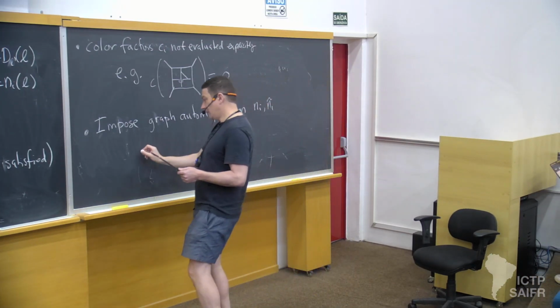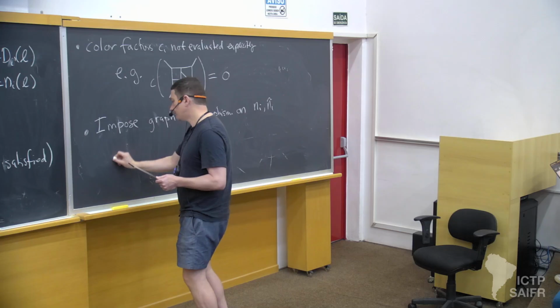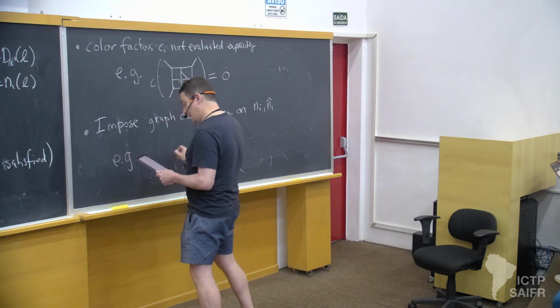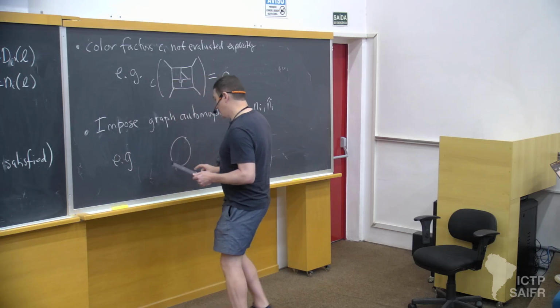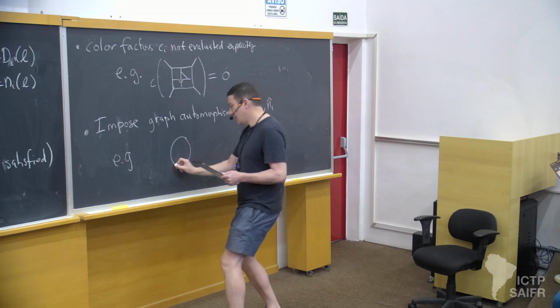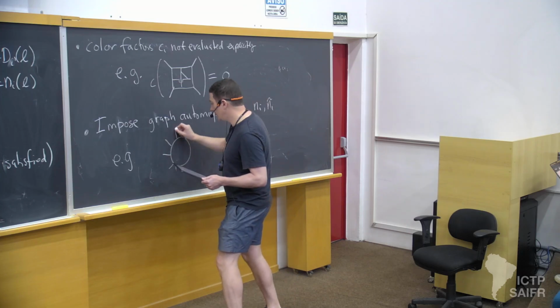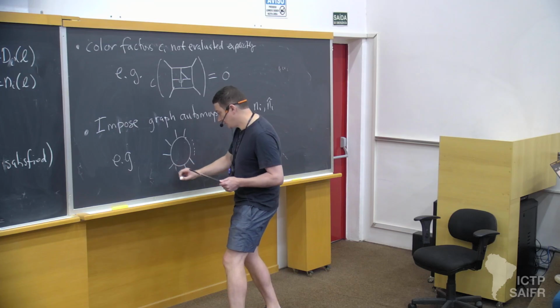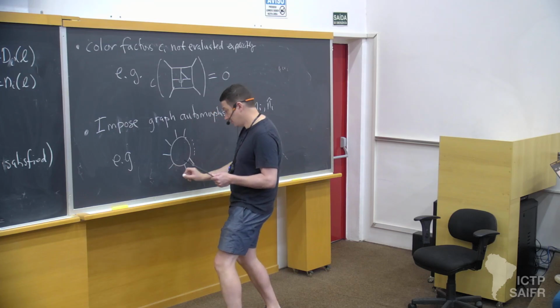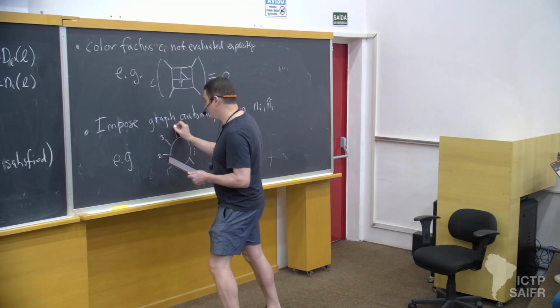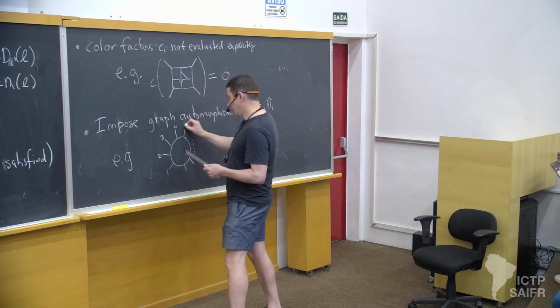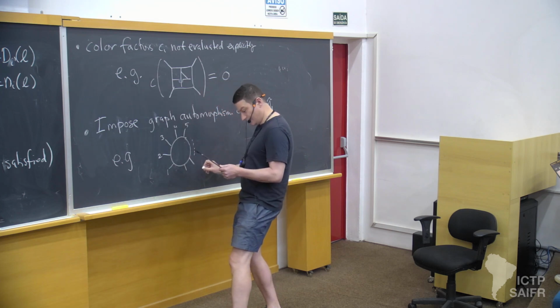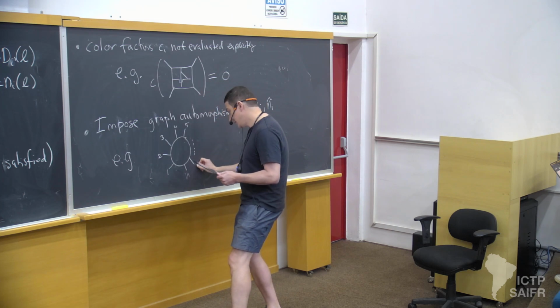And for example, let me just give you one example. So let's say we're at one loop. At one loop, we have this ring diagram. Let's label the legs 1, 2, 3, 4, 5, whatever. Too many legs. n minus 1, right?